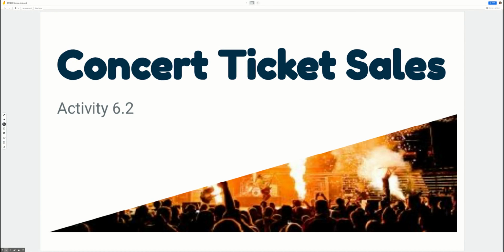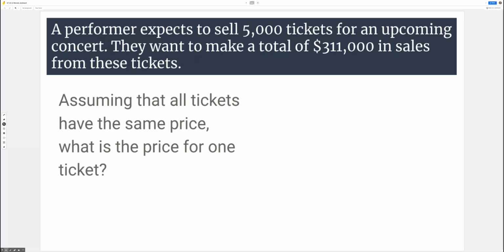Our first problem today is going to be all about concert ticket sales, and we're going to be calculating the cost of tickets. So our first problem reads, and you should be on page 48, a performer expects to sell 5,000 tickets for an upcoming concert. They want to make a total of $311,000 in sales from these tickets.